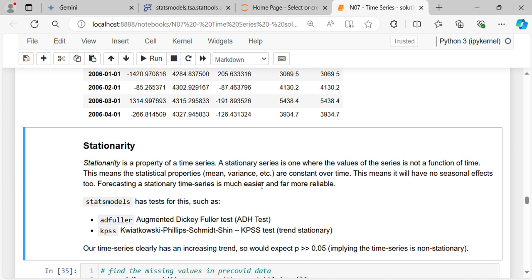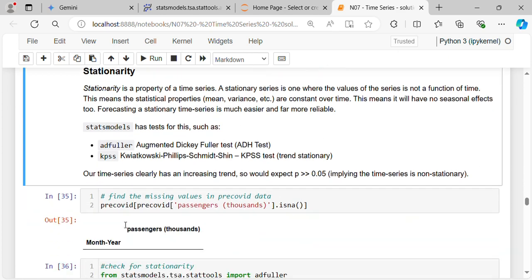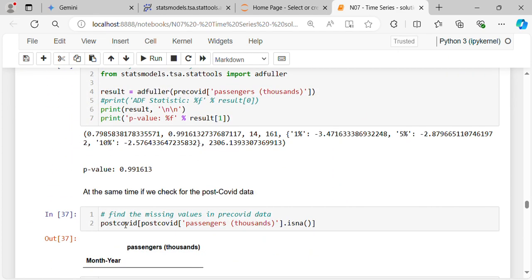That means the mean and variance are not constant over time. This means it will have seasonal effects too. Okay, so this implies that it is non-stationary.